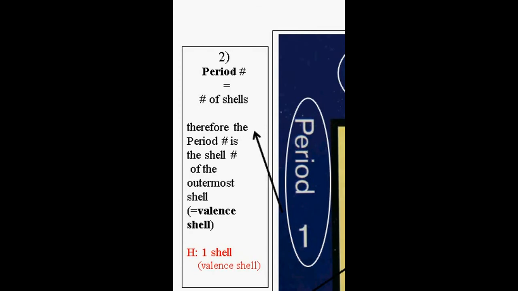So you would draw only a circle around the nucleus, 1 circle around the nucleus. We call the outermost shell of an atom the valence shell. So that means for hydrogen, the valence shell is also shell 1.